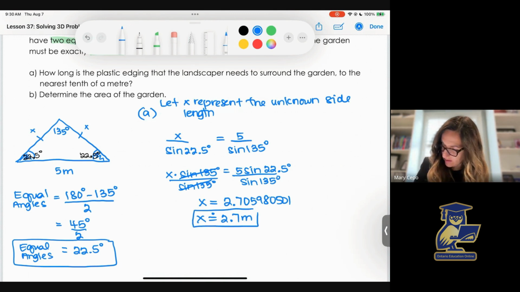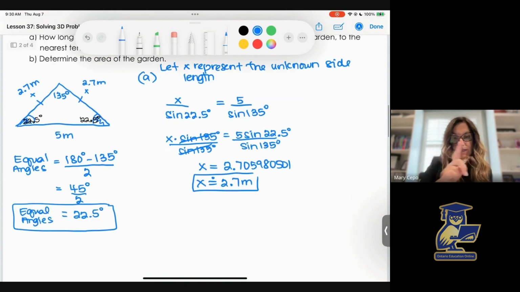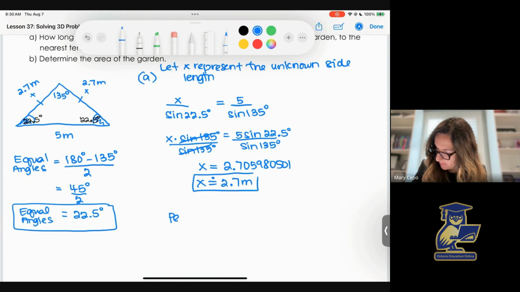Okay, so that's excellent because now we know this is 2.7 meters. This is 2.7. All right, so we're revising our diagram to include the information that we calculated. Now, the perimeter is the distance around the triangle. Edging means the distance around, so that's the perimeter.